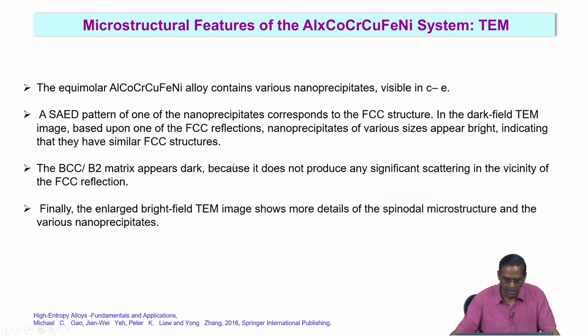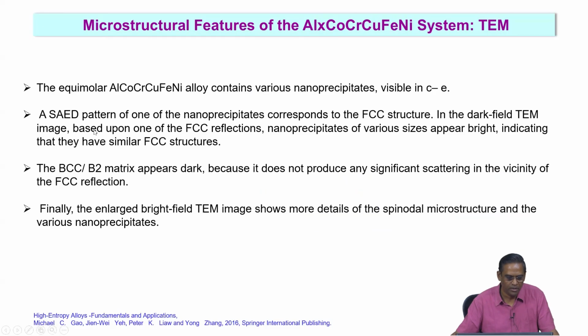So what is the summary? We have an equimolar aluminum, cobalt, chromium, copper, iron, nickel alloy, which contains various nanoprecipitates, as shown in the previous images C to E. And the SAD pattern analysis of these precipitates shows that it is an FCC structure.